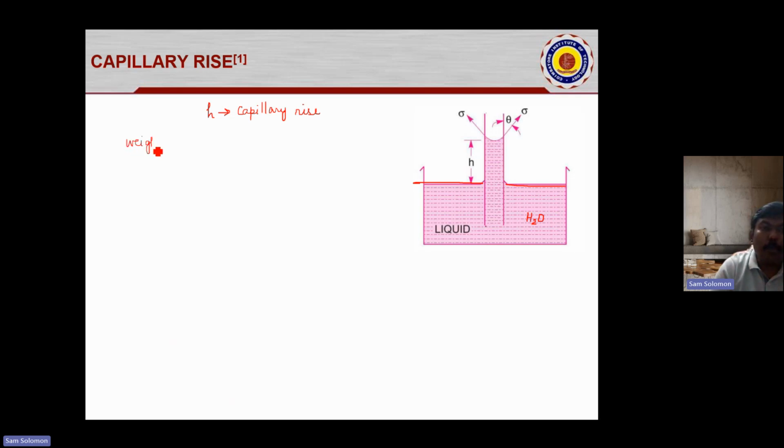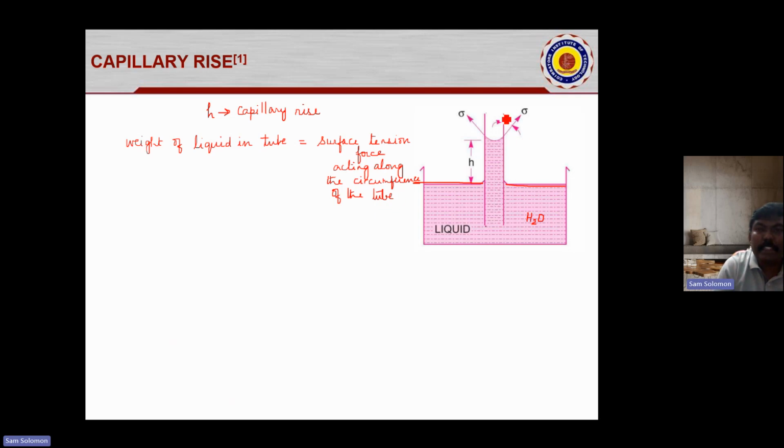So we have to write the weight of liquid in the tube is going to be equal to the surface tension force acting along the circumference of the tube.